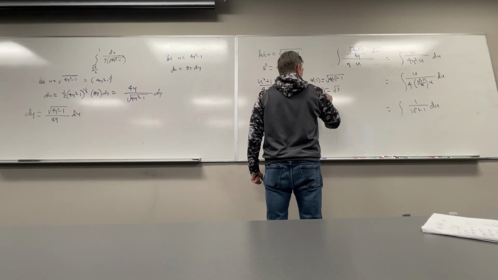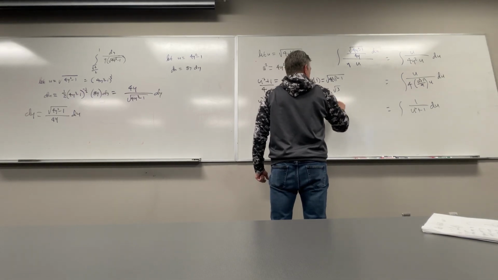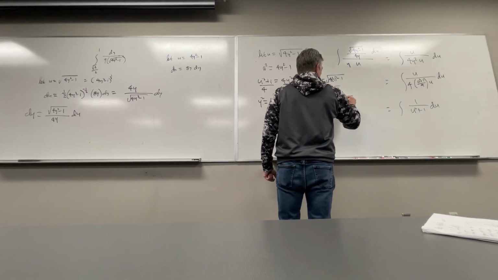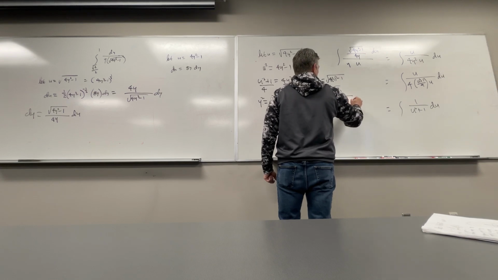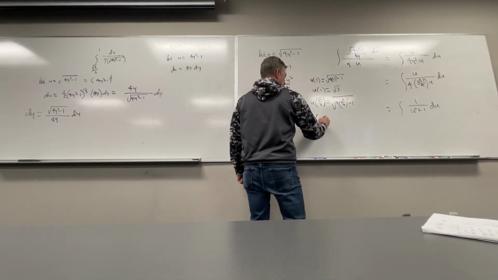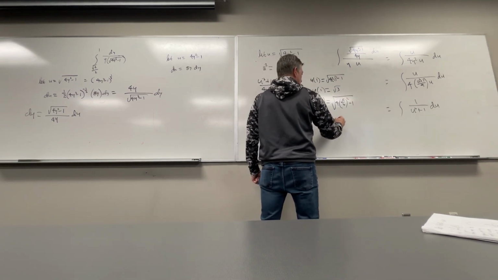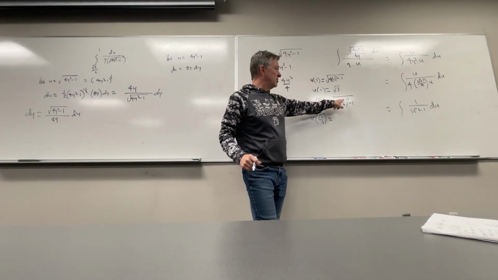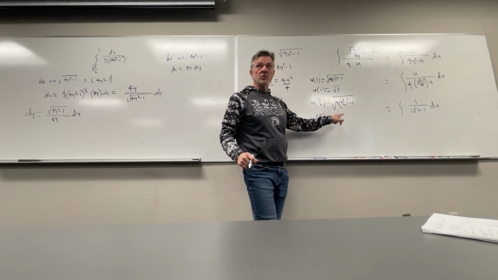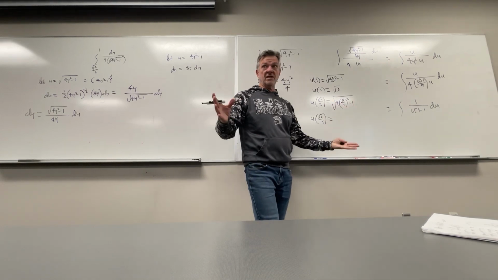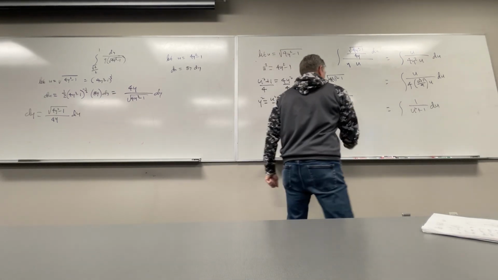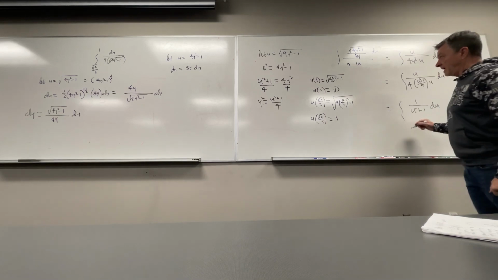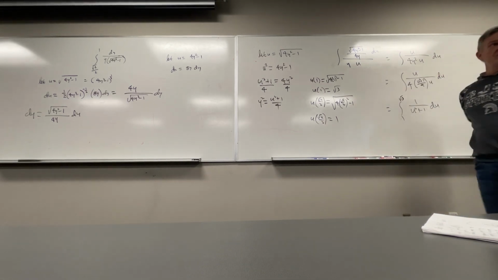So u of the square root of 2 over 2 is going to be the square root of 4 times root 2 over 2 squared minus 1. So u of root 2 over 2 equals, okay, so now that's going to be 2 squared, that's going to be a 4, the 4's are going to cancel, so I'm going to have 2 minus 1, that's going to be 1, square root of 1 is 1. Okay, so 1 to the square root of 3 is what we're doing now.